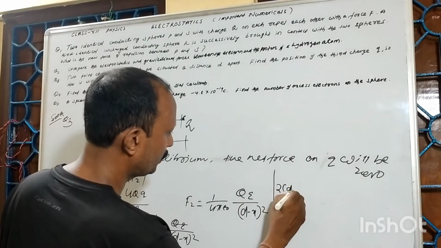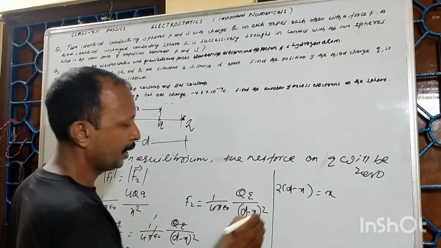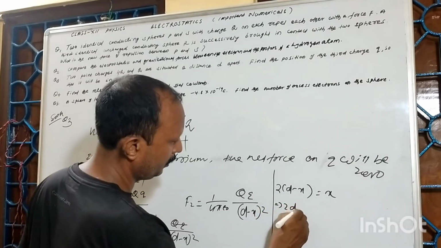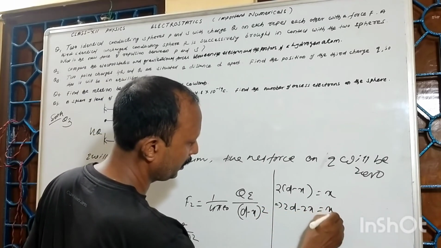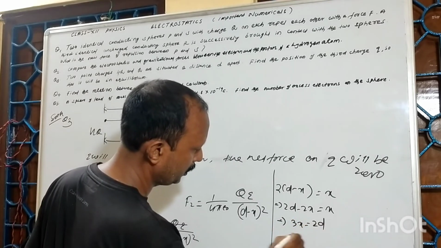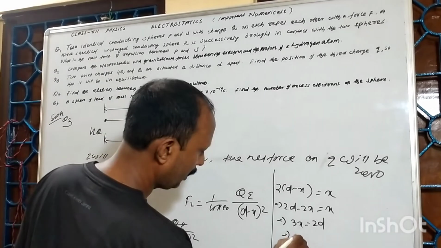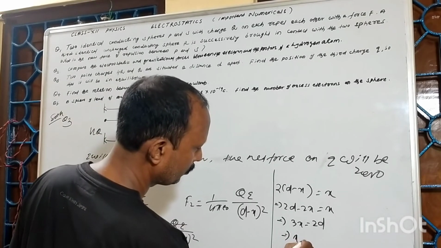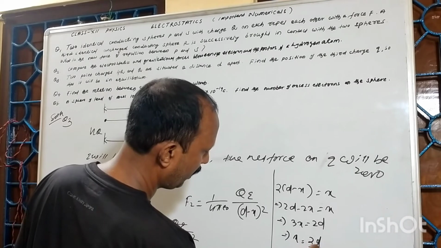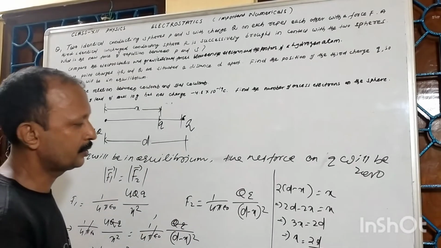Suppose 2 into d minus x is equal to plus x. This implies 2d minus 2x is equal to x, so 3x is equal to 2d, which implies x equal to 2d by 3.